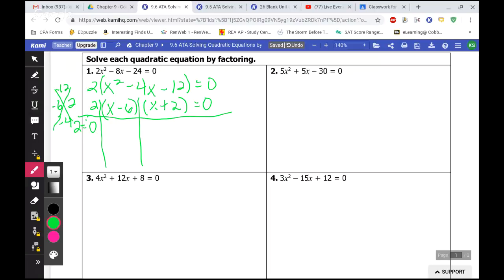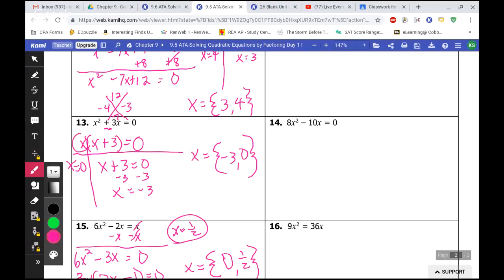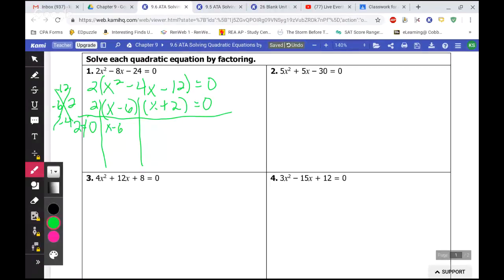No. So all you do is show it like that. 2 does not equal 0, but you still have to show the work. The reason for that is like we had number 13 just a few minutes ago, that we did need to set that. So it was a viable factor. So you just want to make sure that you're addressing every factor in the problem.